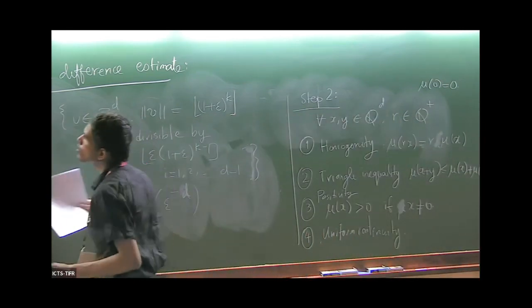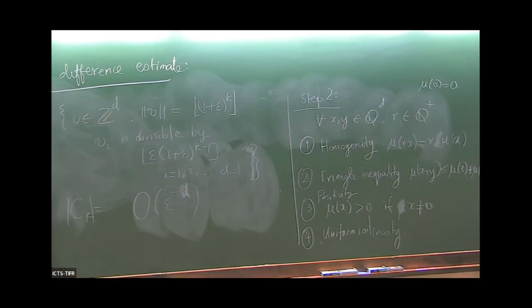So observe that so far I have not said anything about why we use this second moment assumption. I said that I'll prove it for the second moment assumption instead of the optimal assumptions of Cox and Durrett. So second moment kind of makes this step a little nicer.